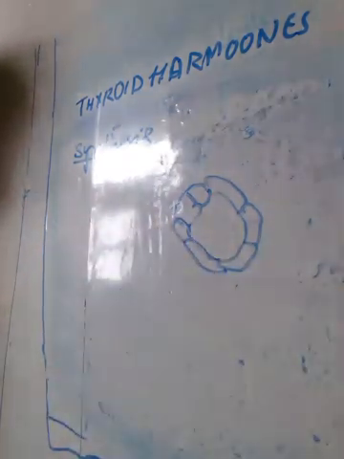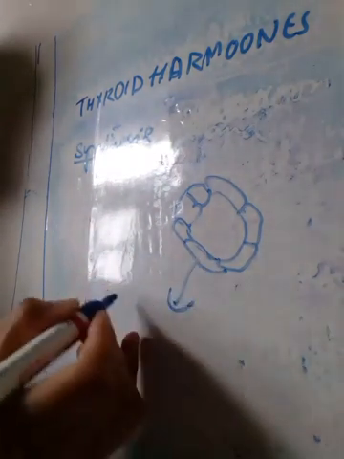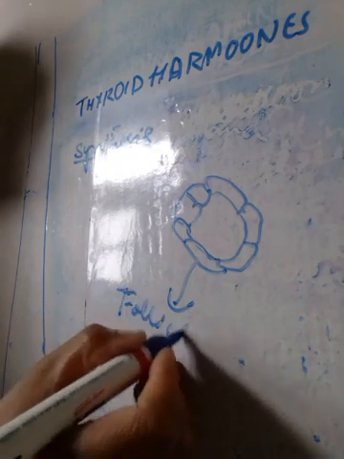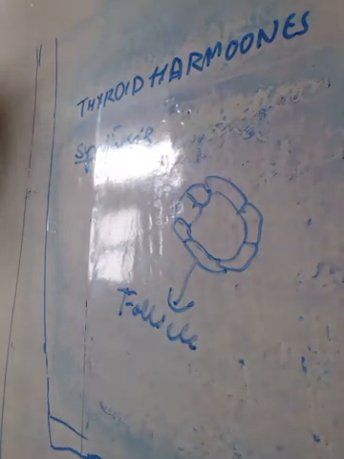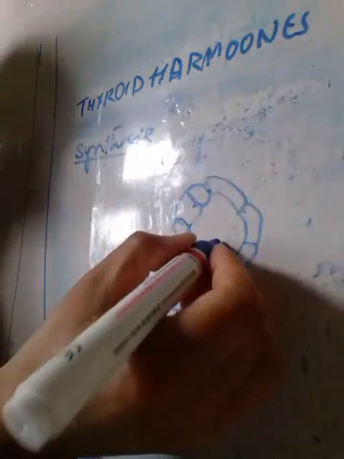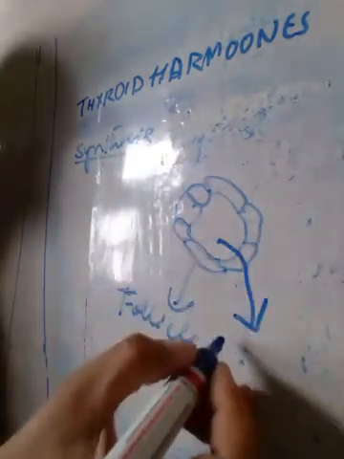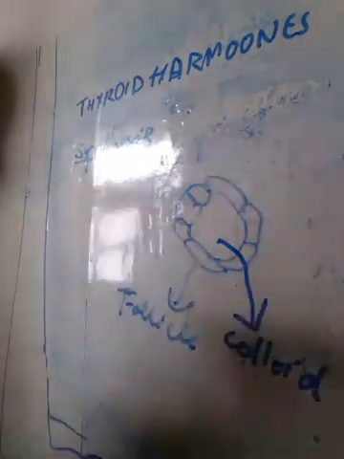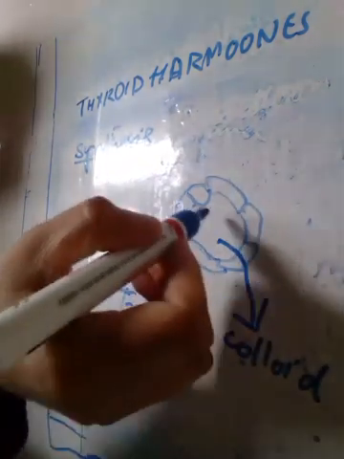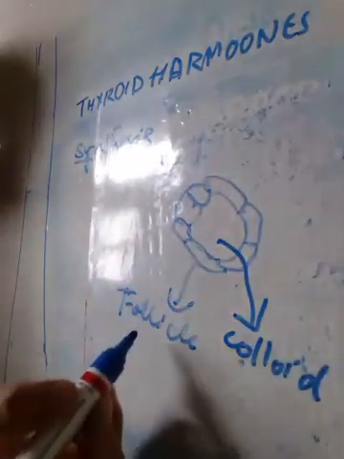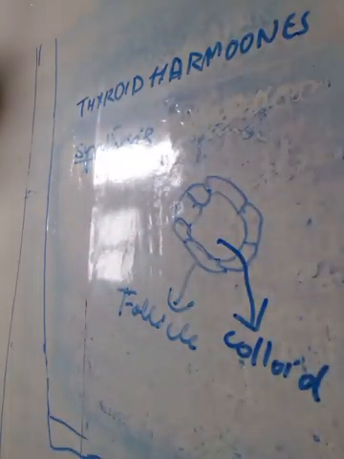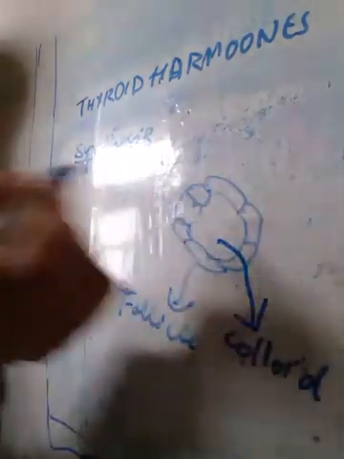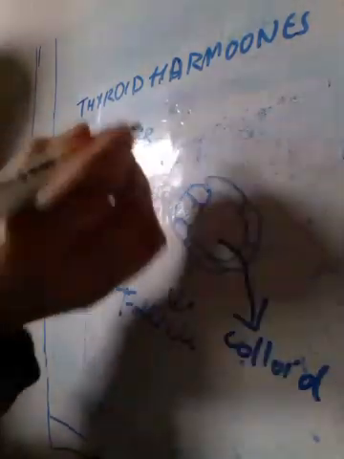We call this arrangement a thyroid follicle. This follicle surrounds a fluid-like substance that is called colloid. This colloid is present in the lumen, and the surrounding cells are known as follicular cells. Synthesis of thyroxine takes place in these cells.